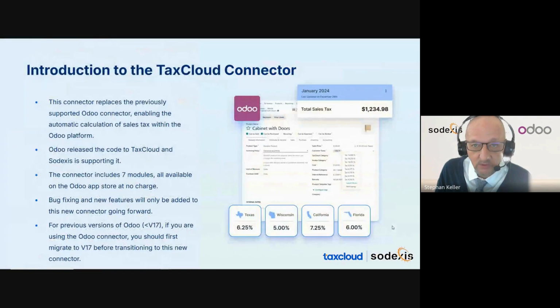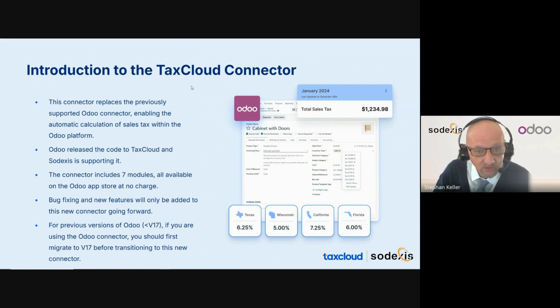So let me jump now into the TaxCloud connector. The TaxCloud connector that we are managing now is replacing the previously supported Odoo connector. And this connector enables you to automatically calculate sales tax within the Odoo platform.